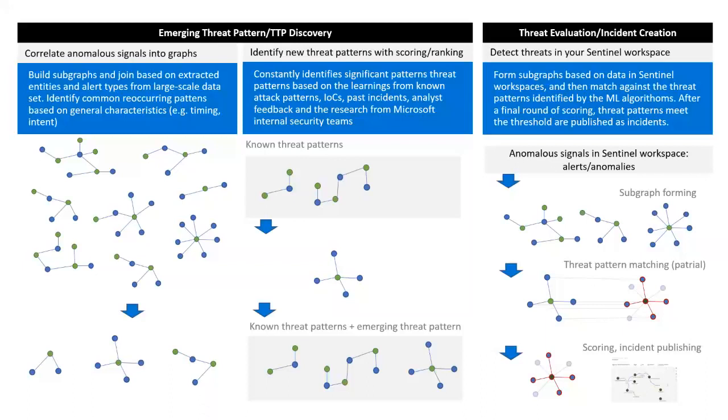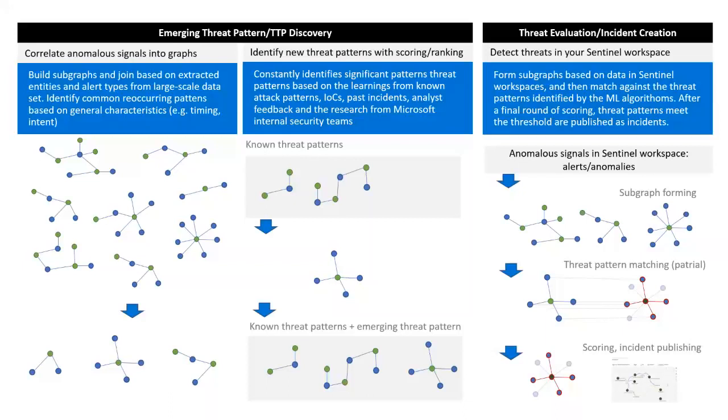So this helps you narrow down the scope. And again, the feedback you provide for each incident, whether it's a true positive or false positive, will be used to train and improve our ML algorithms while it's finding emergent threats. So providing accurate feedback for Fusion incidents is helpful for improved Fusion detections in your environment.